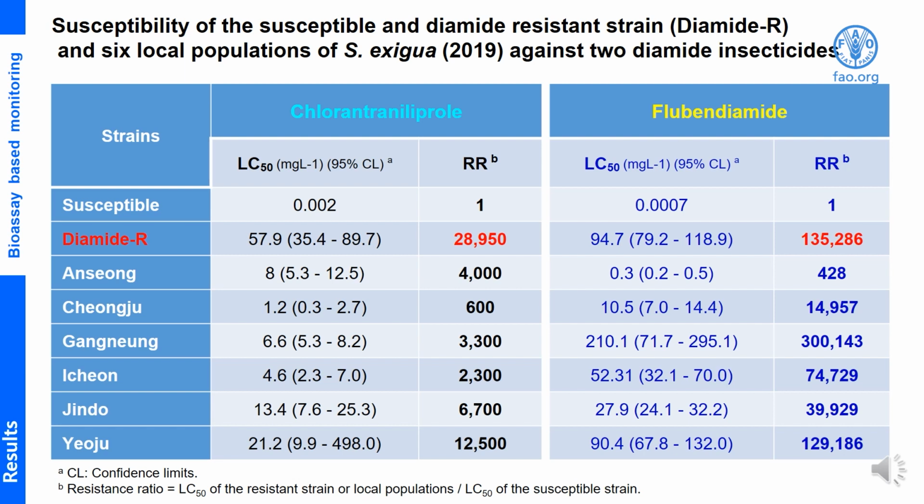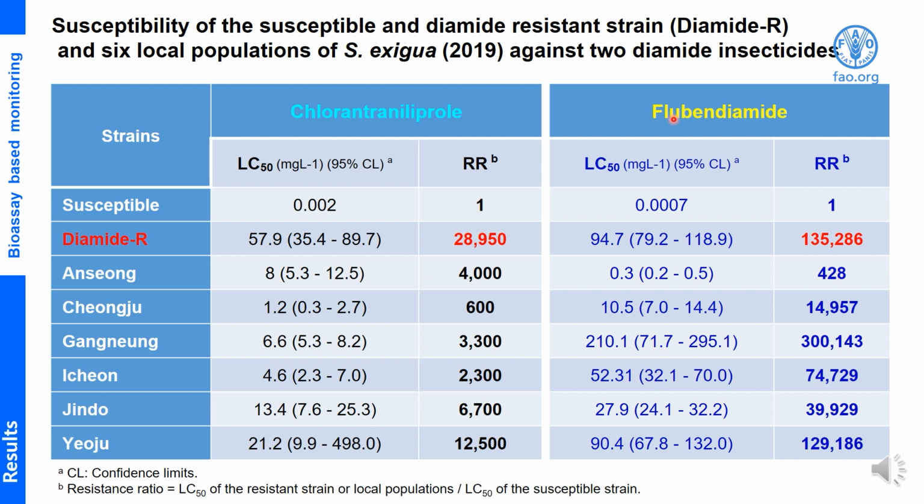This is the susceptibility of the susceptible strain, the diamide-resistant strain and 6 local populations of Spodoptera exigua against 2 diamide insecticides. At that time, I used chlorantraniliprole and flubendiamide. We call this cross resistance. In this case, chlorantraniliprole and flubendiamide have the same mode of action.